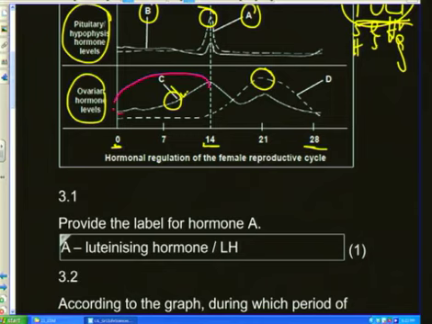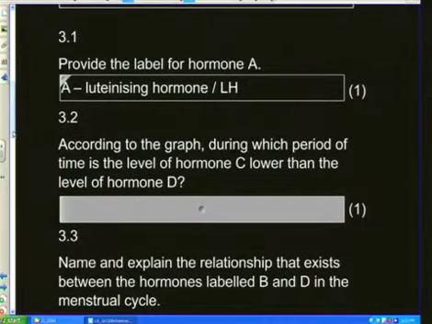All of that period there, C is above D. Till here, it is still above D up to that point. And from here onwards, we find that it is below up to the 28th day. So it's somewhere in between 14th and 21 days there and the 28 days. So that's the period that we are looking at.